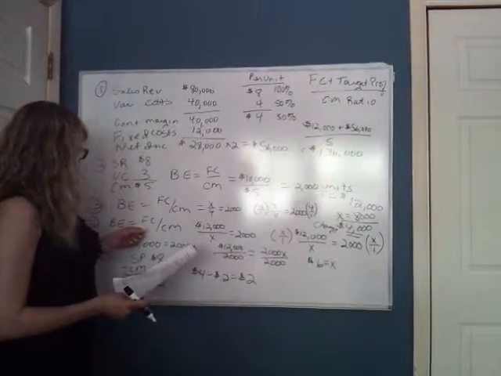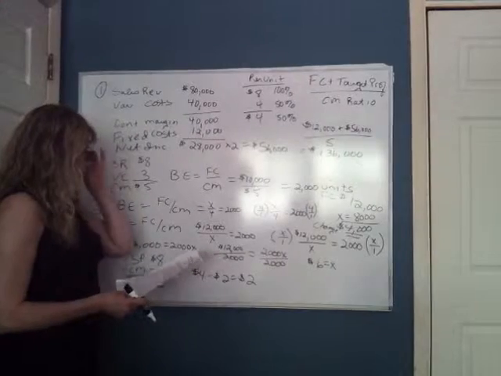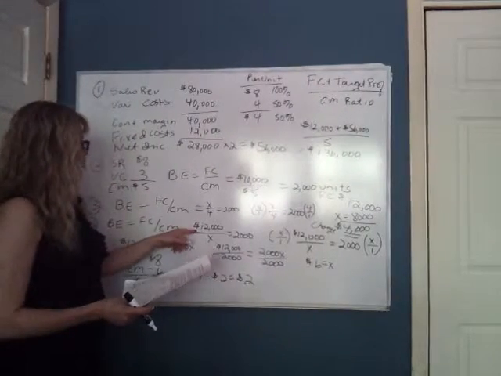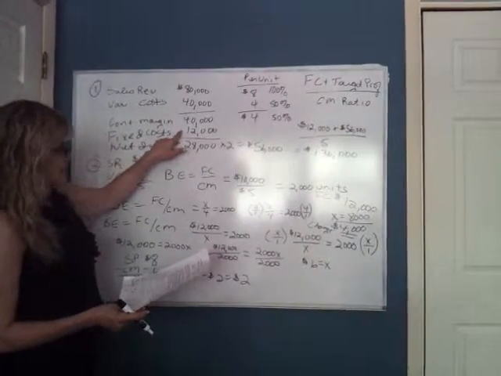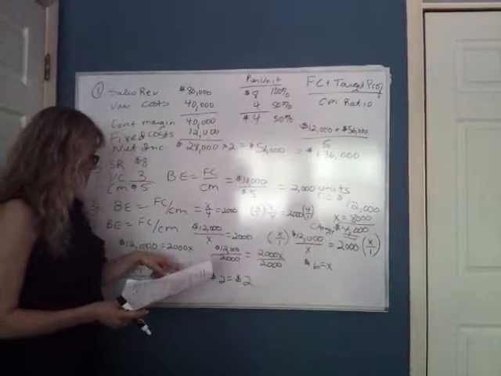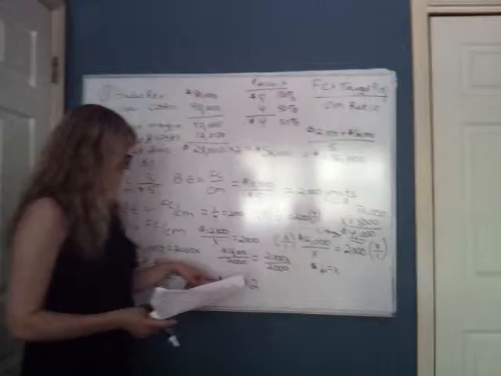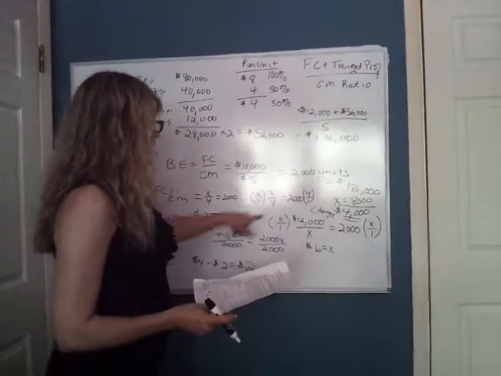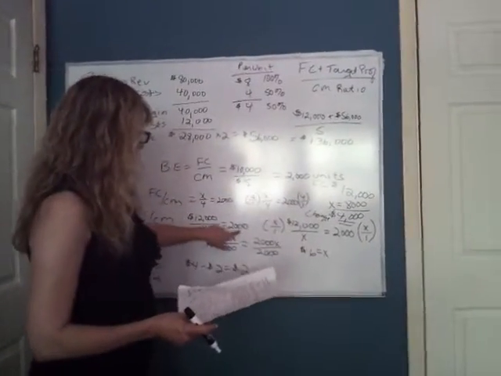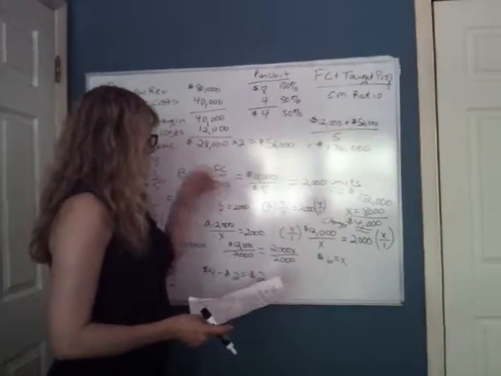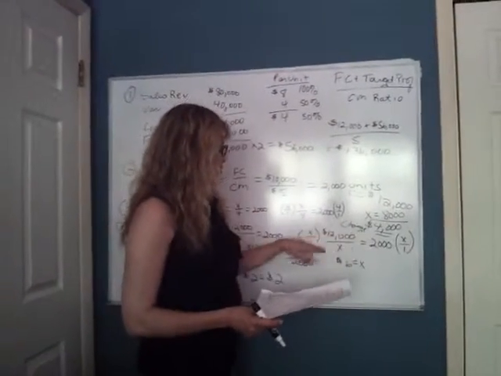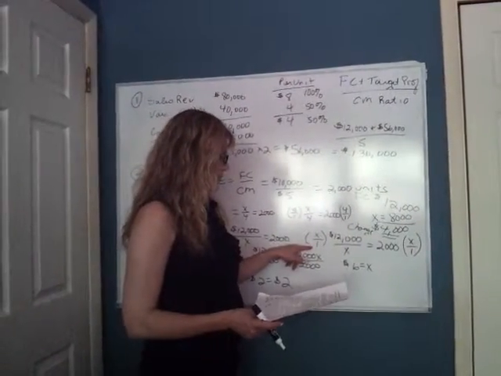So we have our same formula, fixed cost over contribution margin per unit. In this case, we know our fixed costs are 12,000. We take that information from number 1. We do not know our contribution margin per unit, so we're going to make that X. We know our number of units, it's the same as number 2, right? So it's 2,000. So again, I need to multiply each side of the equation by x over 1.